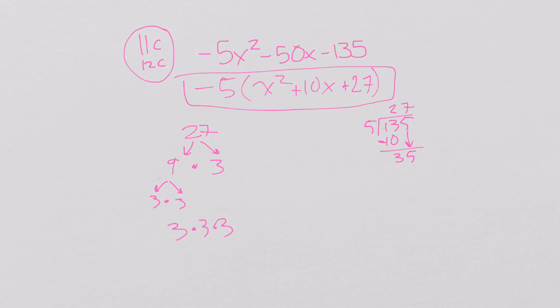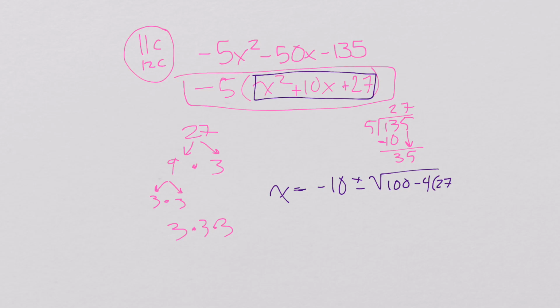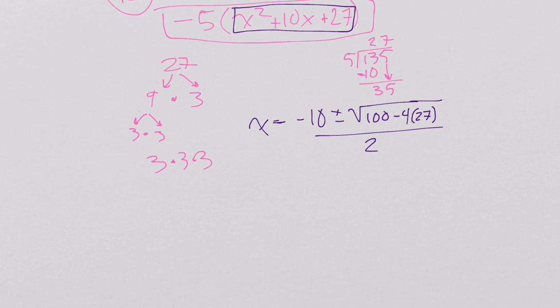Because if you focus on this quadratic here on the inside, well, let's do a little quadratic formula and see what happens. X equals negative 10 plus or minus the square root of 10 squared is 100 minus 4 times a is 1 times c is 27, all over 2 times a is 1. All right. Well, what happens?